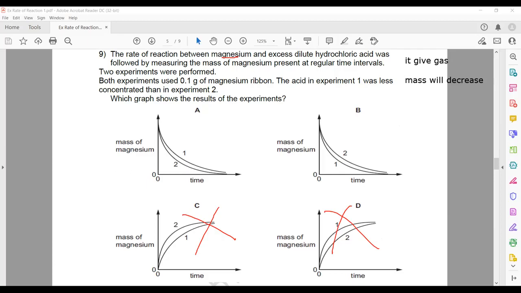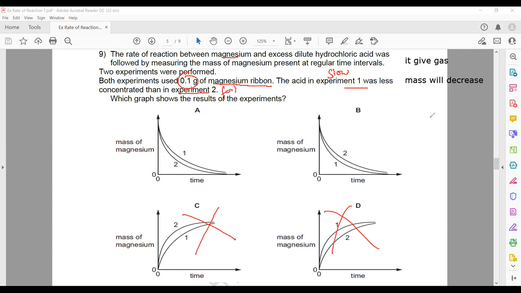Two experiments were performed. In both experiments we use 0.1 gram of magnesium. In experiment 1, the acid was less concentrated than in experiment 2. So experiment 1, being less concentrated, should be slower, and experiment 2 should be faster.